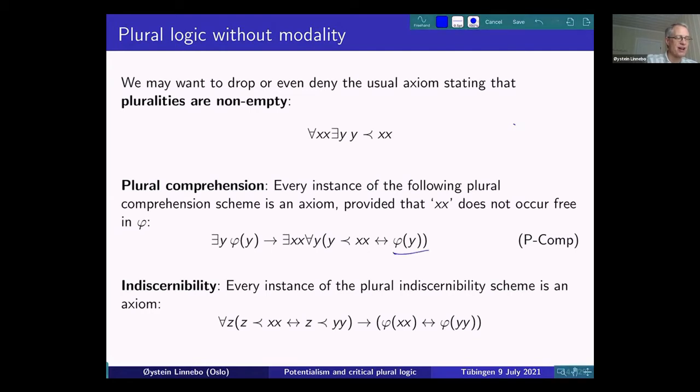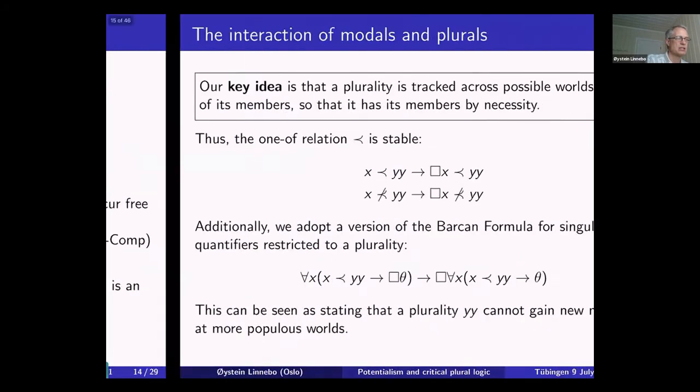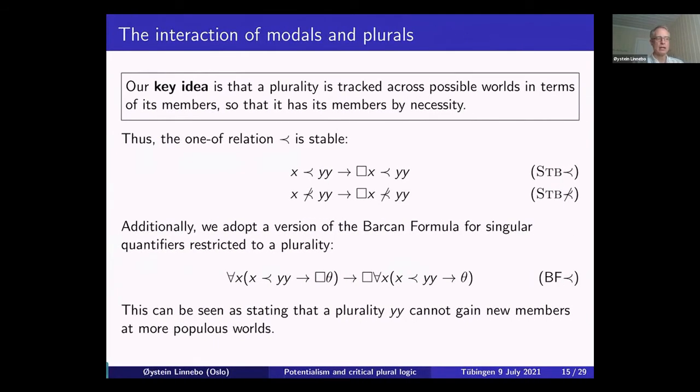So for which formulas phi can you have all and only the phis? And then plural indiscernibility. So when two pluralities are coextensive, then whatever holds of the former holds of the latter. Okay, with the usual restrictions we're familiar with from Leibniz's law. It's a kind of Leibniz law-like principle.